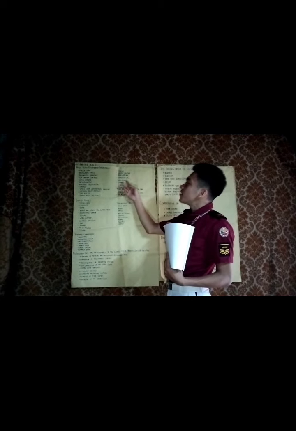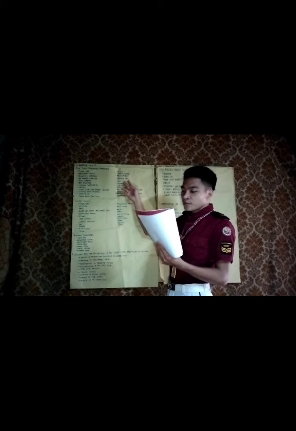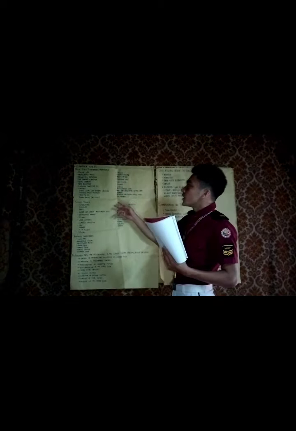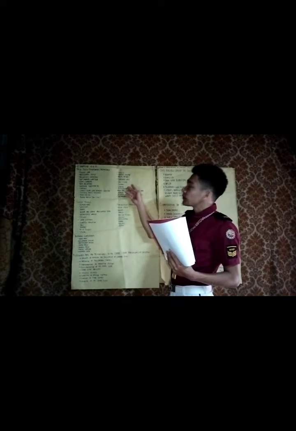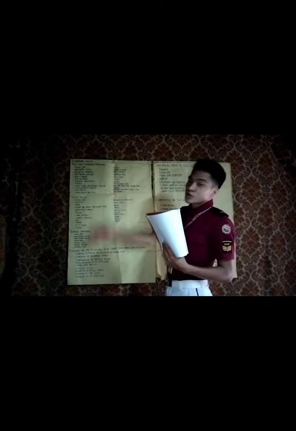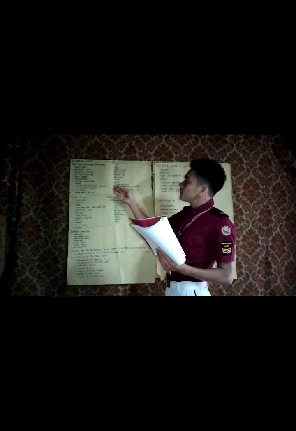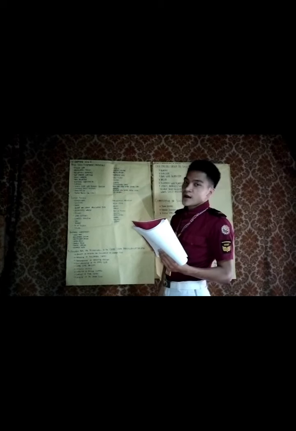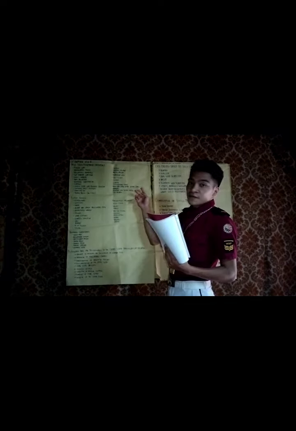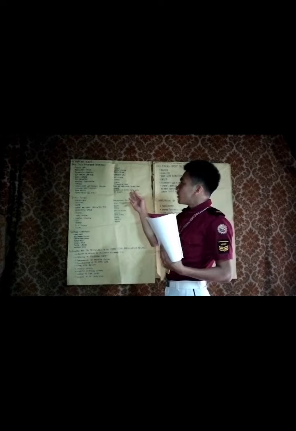Next is the SOCO form, or the scene of the crime operation form, and the crime lab request form. Next we have gloves and gauze, and also the fingerprint card and black and white latent lifting card for the fingerprint.